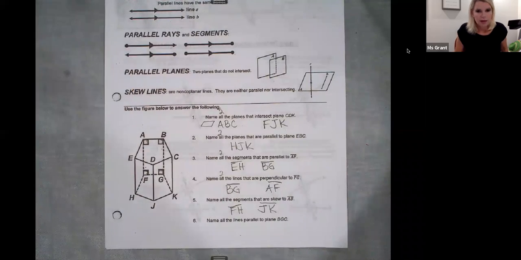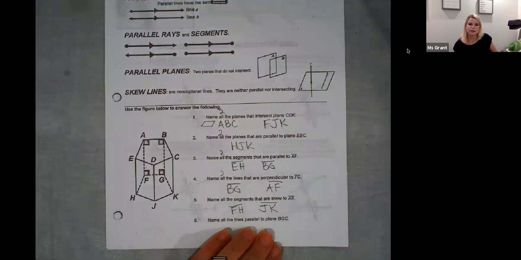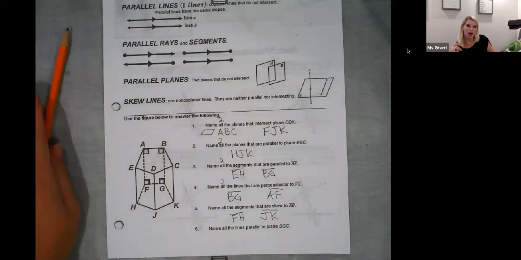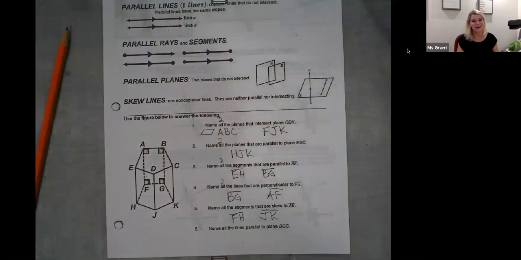Name all the lines that are parallel to BGC. BGC is the right-hand side of my pentagonal prism. Did you guys see that? Pentagonal prism. It's a pentagon and it's a prism.